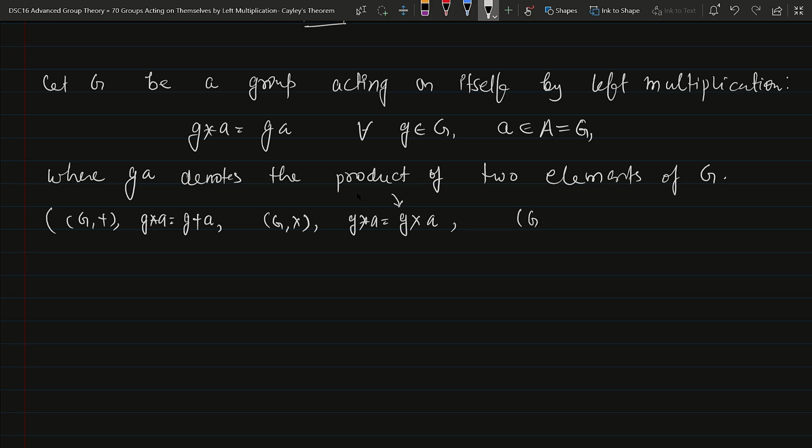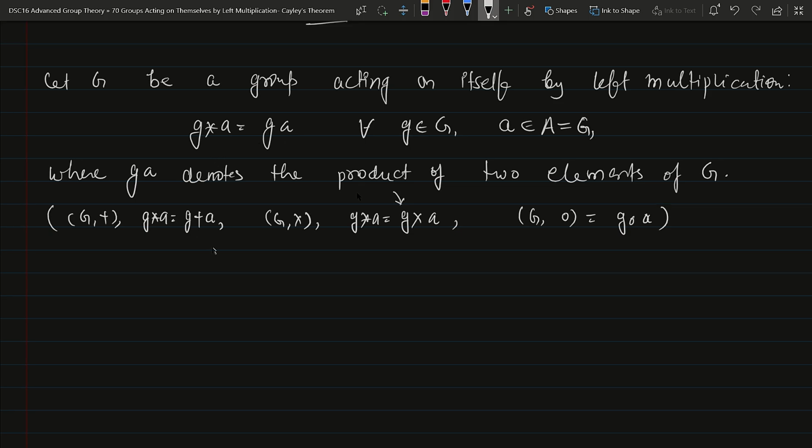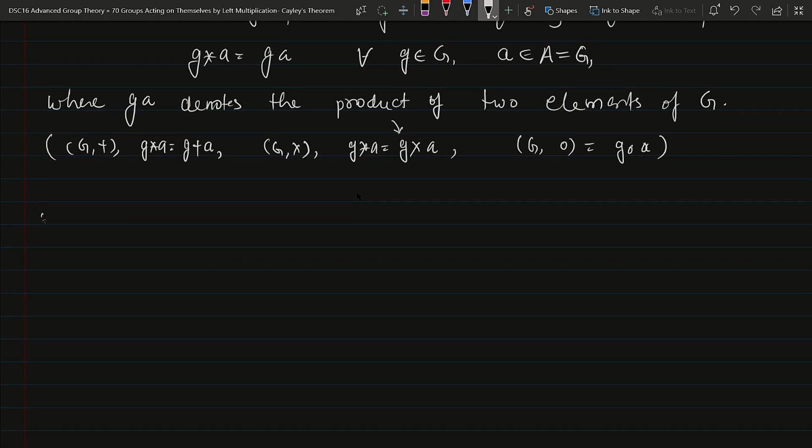Similarly, if we are given the composition operation, then this product becomes G operated with A. Okay, so this is how we can understand what GA is representing. Now we can easily verify that this star operation follows the two axioms for group action.